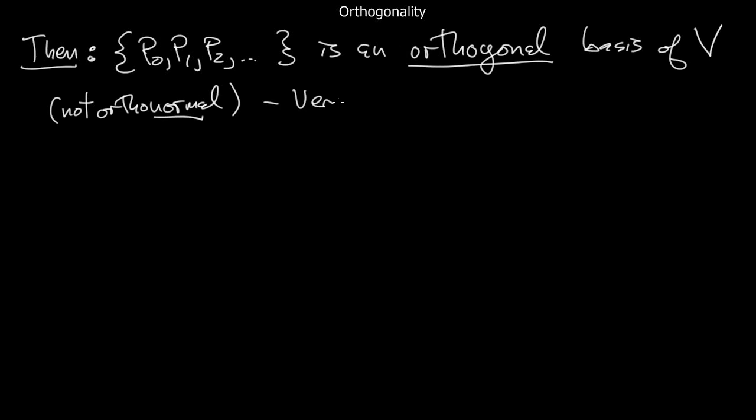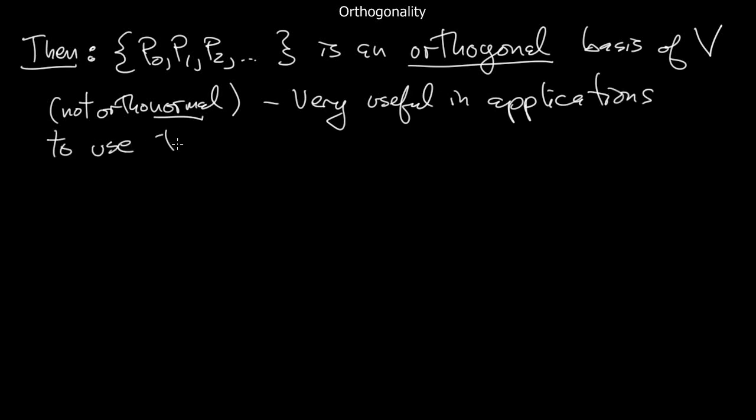And again, they're not orthonormal, they're not length 1, but that doesn't matter so much, and we'll see that it's often very useful to have an orthogonal basis of a vector space. And okay, let's go on.